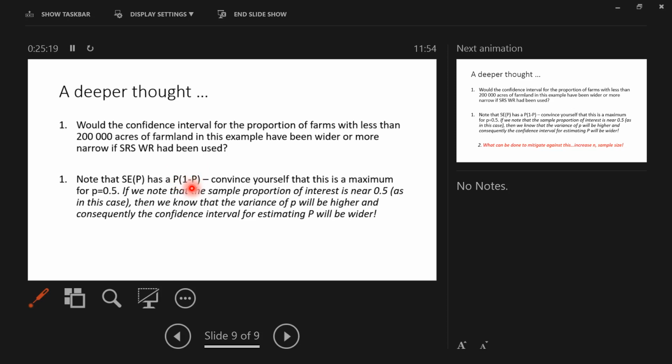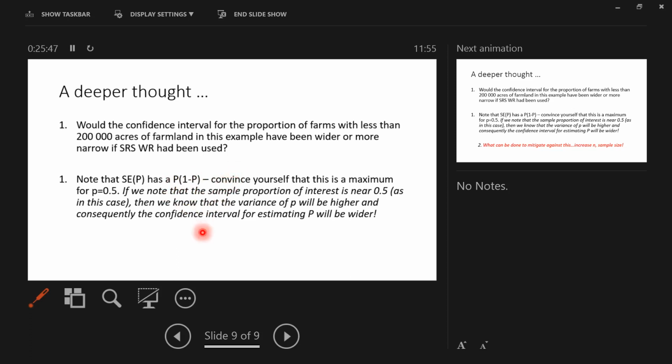Come on, you should know that. Do you know the biggest P times 1 minus P could ever be is for P is a half? Any other value will give you a smaller value. Because if you took a third, 1 minus a third is 2 thirds, and 1 third times 2 thirds is 2 over 9. The biggest this can be is if P is a half.